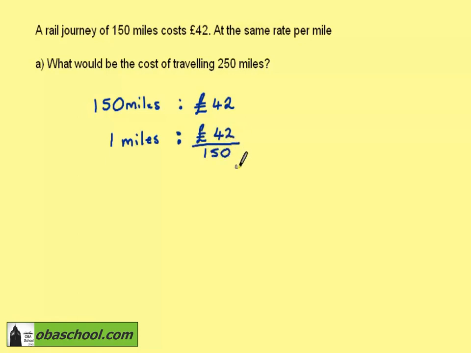For 250 miles we now multiply both sides by 250. So 250 miles is equivalent to 42 divided by 150, then multiplied by 250.